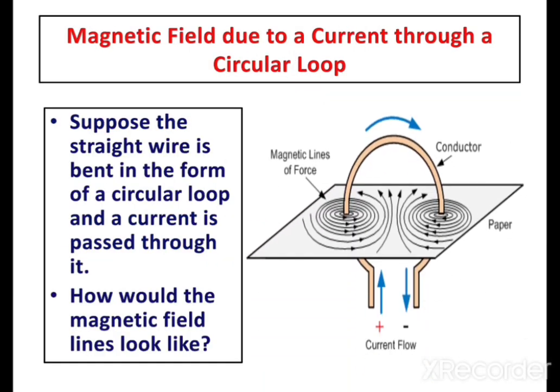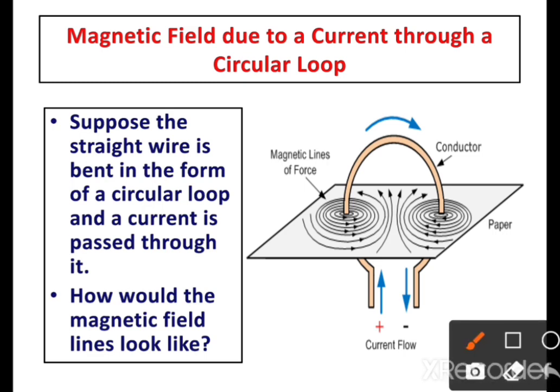The next, today's topic, magnetic field due to a current through a circular loop. Suppose the straight wire is bent in the form of a circular loop. See, this is a straight wire. If we bend the straight wire, we get a circular loop. So the current is passed in it.